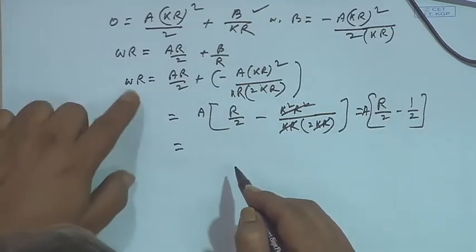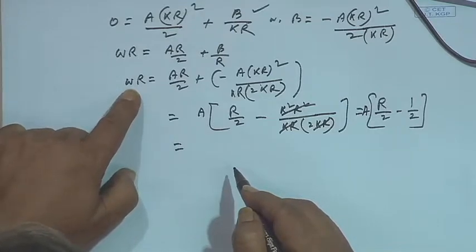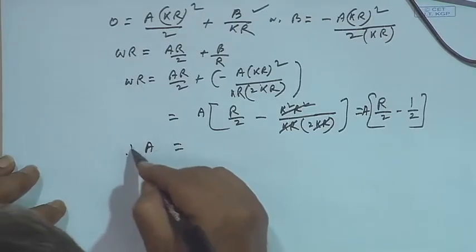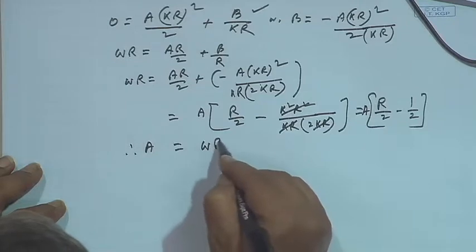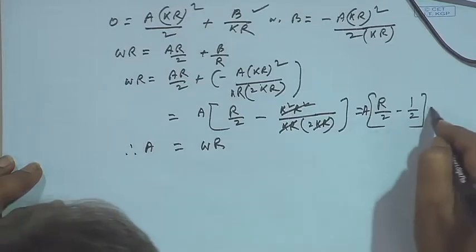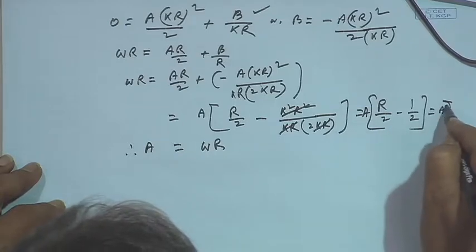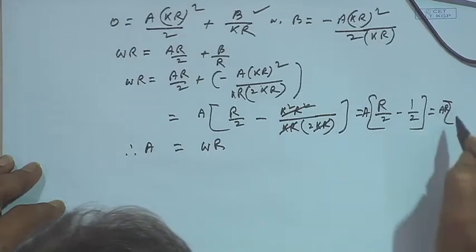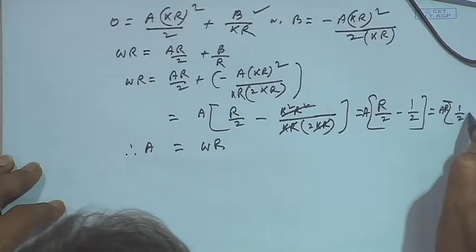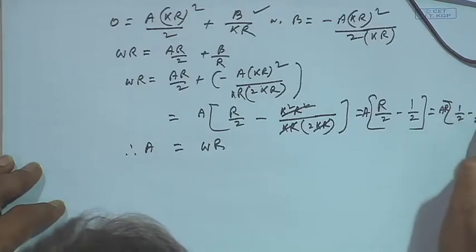So, omega R is there, therefore, A is equal to omega R. Of course, this we can further simplify if we take R common, 1 by 2 minus 1 by 2 r.